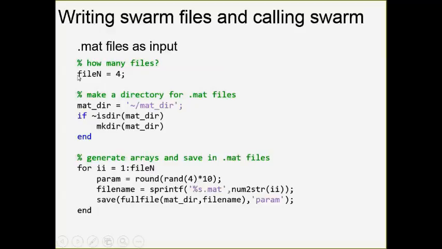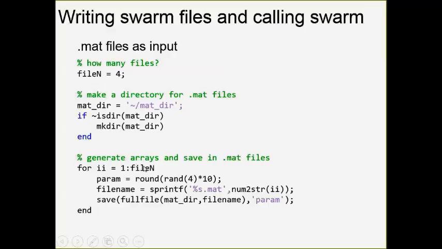And so what I'm doing now is I'm saying I want 4 files. I can set this number to whatever I want. I'm going to name a directory. mat directory equals home, mat directory. I'm going to say if that directory doesn't exist, if not isdir mat directory, mkdir mat directory. So if it doesn't exist, make it.